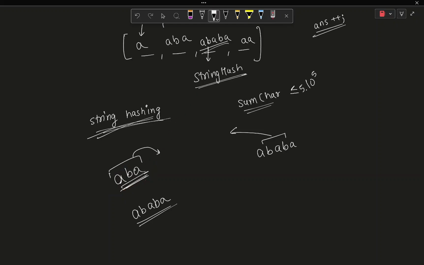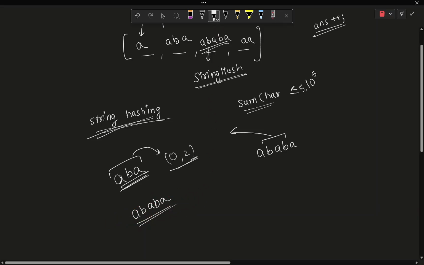You can ask the substring hash object which we have created for the string, and find the hash for the substring from 0 to, let's say, m minus 1, where m is the length of the string, or let's say just 0 to 2. Please tell me the hash value of the substring of this string from 0 to 2, basically the whole string. And from the other string, you will say, please tell me the hash value of the prefix with length 3 and the suffix with length 3.